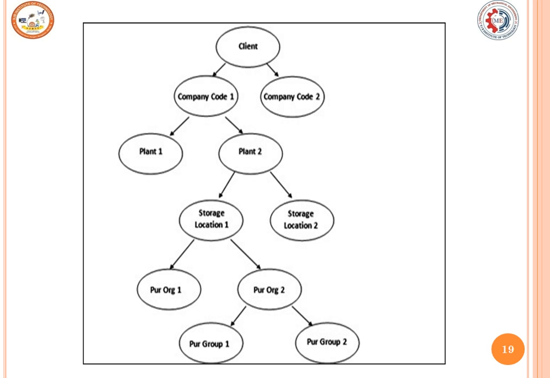Once it is produced, you define where to store the products, the storage locations. Then purchasing organization 1, 2, whether it is needed for 1 or 2, you define. For organization 2, purchasing group 1 and purchasing group 2 are formed.